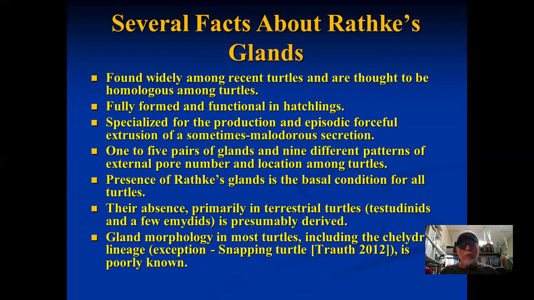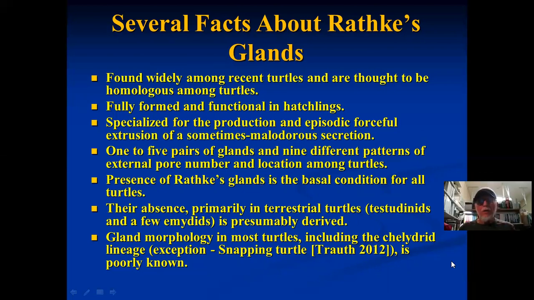So gland morphology in most turtles, including chelydrids, except for the snapping turtle, which I studied in 2012, is poorly known. So we know a lot about some turtles, but much of the details of many turtles is still unknown.